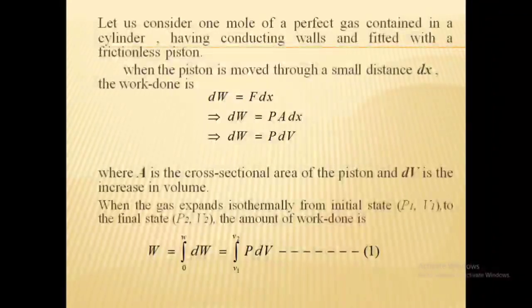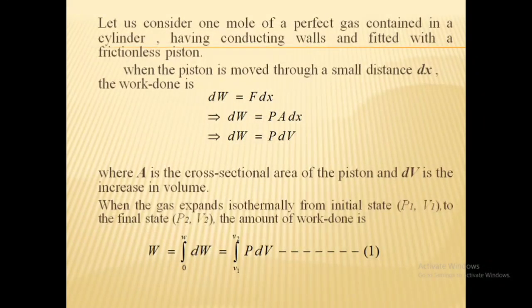Now, when the piston is moved through a small distance dx, as you have seen in figure 2, the gas pushes the piston upwards through a small distance dx. Since the piston is moved upward, work is done, and we are going to find the expression of work done in the isothermal process.